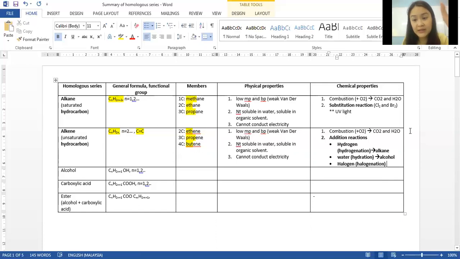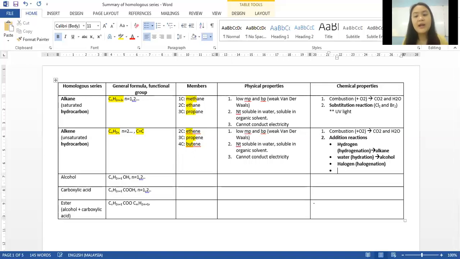It is very different: halogenation of alkene does not need UV light. What else can we add? We can add hydrogen chloride or any hydrogen halide. For example, we can add hydrogen fluoride, hydrogen chloride, hydrogen bromide. We can add all these into alkene.